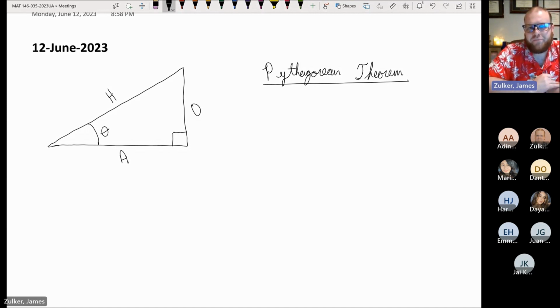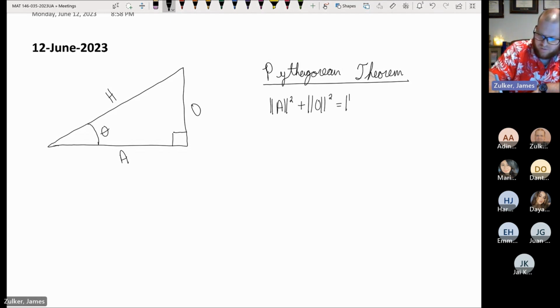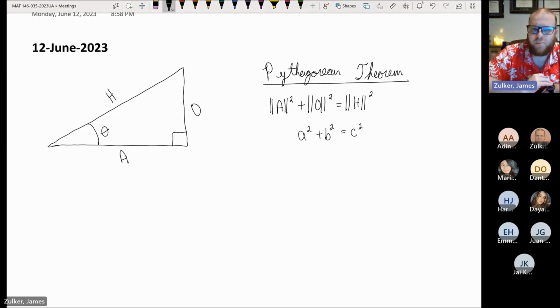Pythagorean theorem: the sum of the squares of the sides is equal to the square of the hypotenuse. Right? Typically, you see it written A squared plus B squared equals C squared.